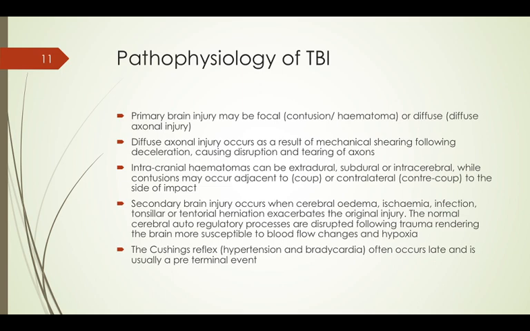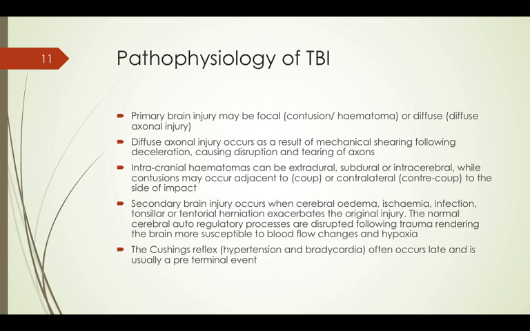In the diffuse picture, a diffuse axonal injury can occur as a result of mechanical shearing or tearing following a deceleration injury, and this can basically rip up the axons. Intracranial bleeds and hematomas can take many forms, some of which include extradural, subdurals, or intracerebrals, while contusions can occur at the site, which would be a coup, or a contrecoup, which would be contralateral to the site of impact.